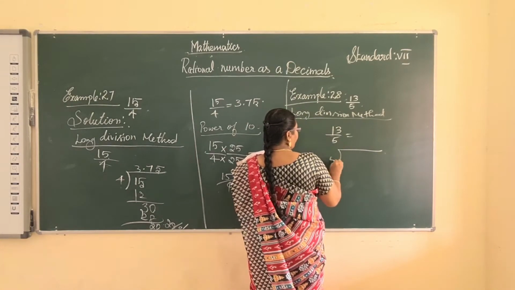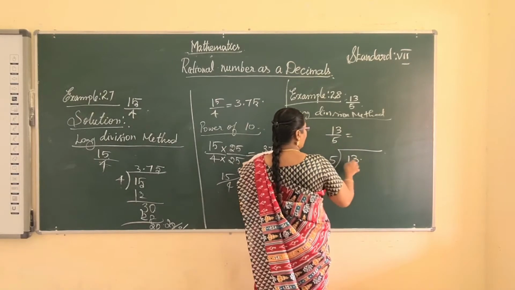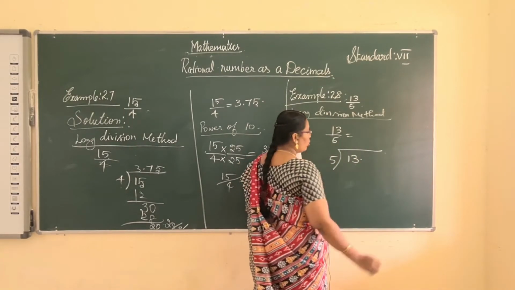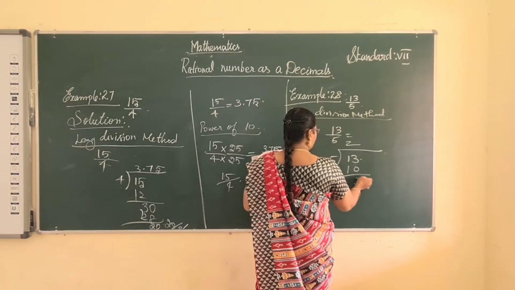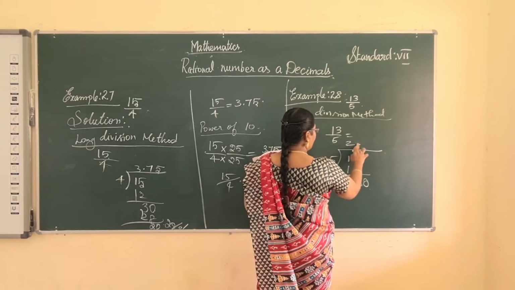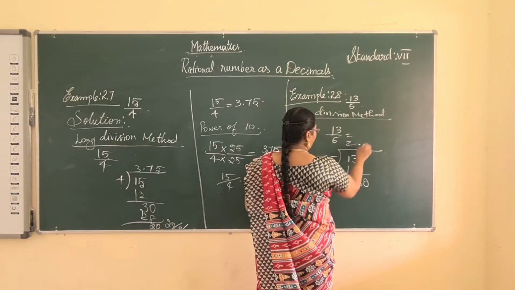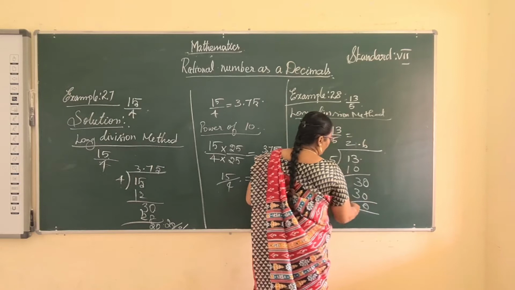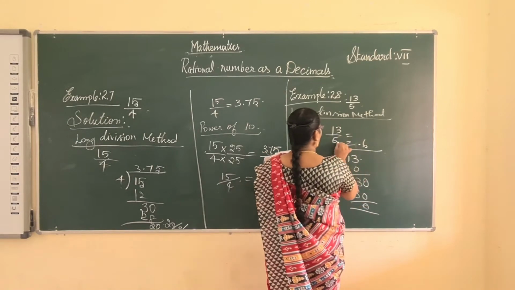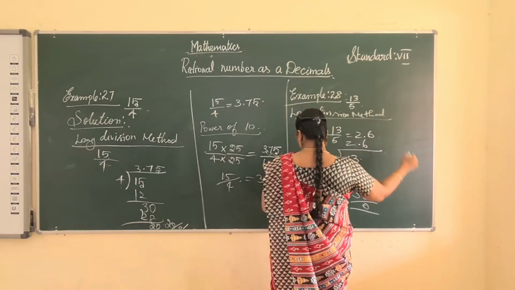The divisor is 5 and the dividend is 13. How many times is possible? 2 times. 2 fives are 10, remaining 3. It's not possible, so add 0 here and a decimal point. How many times? 6, since 5 sixes are 30. So the remainder will be 0. So 13 by 5 is 2.6.